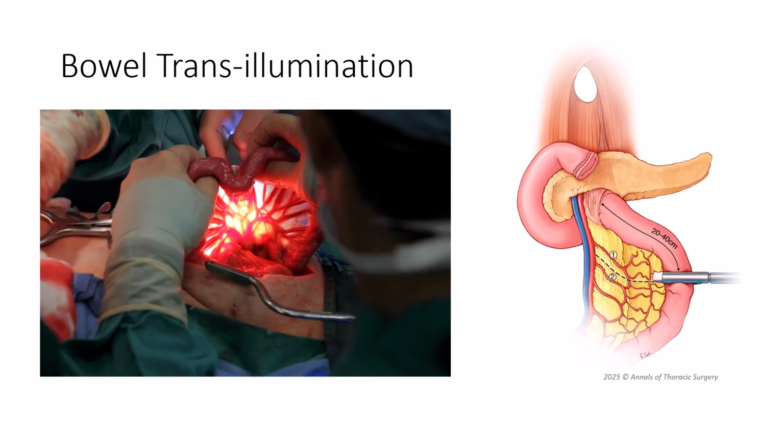This is an example of the bowel transillumination that helps us to identify the first, second, third, and fourth jejunal arcades. Typically, we preserve the first 20 centimeters of small bowel after the ligament of Treitz and preserve the first jejunal arcade in situ, and then divide the bowel wall and divide the mesentery all the way up to the superior mesenteric artery between the first and second arcade, using the second arcade that will be transposed up to the left internal mammary artery and vein.